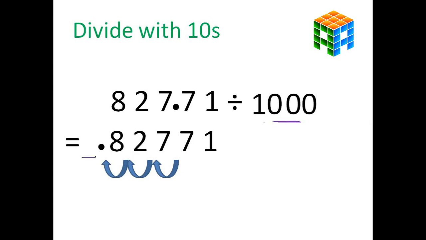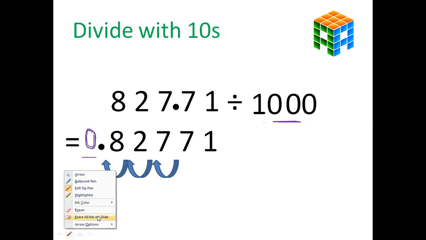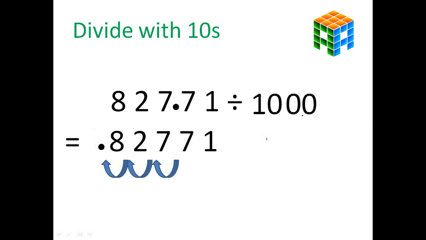You can see there is no whole number here, so we can just mention 0 to make a complete number, so 0.82771. If we have further zeros, for example if we divide by 10,000, then we must add a dummy 0 here and place the decimal. Similarly, if we have 2 more zeros, then we should place 2 zeros here, and it goes on.